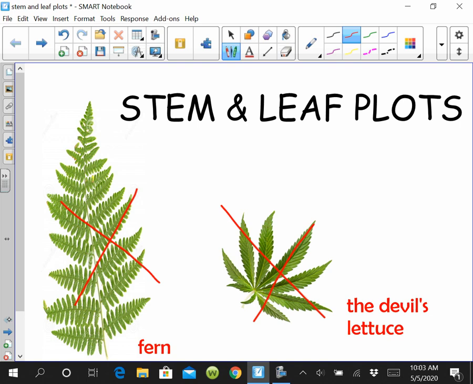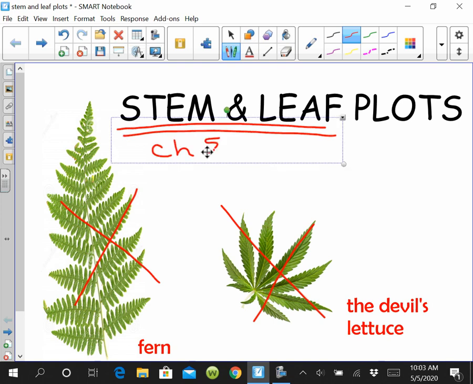And I just wanted to make sure we didn't slip through the cracks again and not have a chance to look at stem and leaf plots. So your assignment for stem and leaf plots is in chapter 5 in Schoology, in the probability and statistics course, and you'll see a stem and leaf folder.